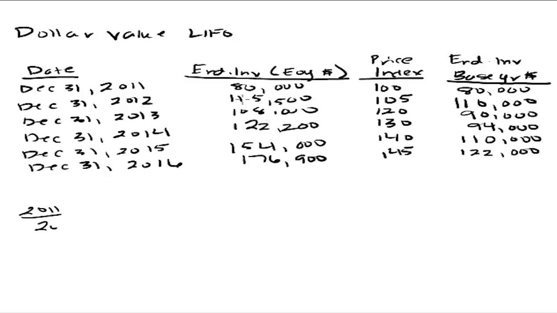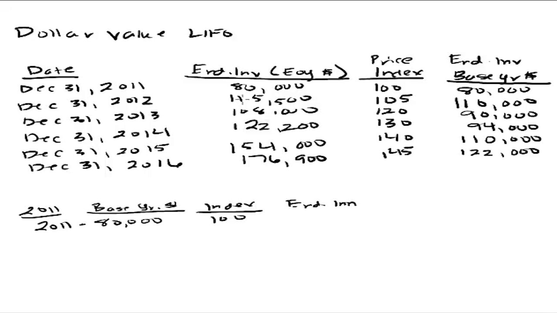So we'll say 2011, and at the base year price, that is $80,000. And the price index, let's put a couple things. Our years over here, then let's put base year price, and let's put our price index back again. And my ending inventory, that should say inventory, not inn.